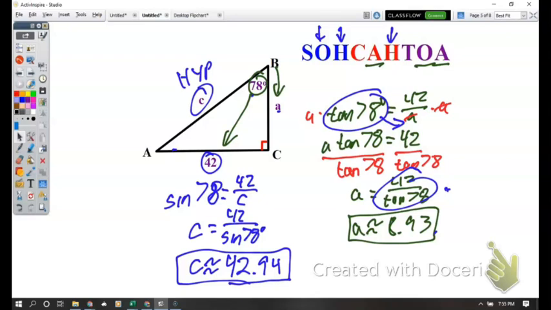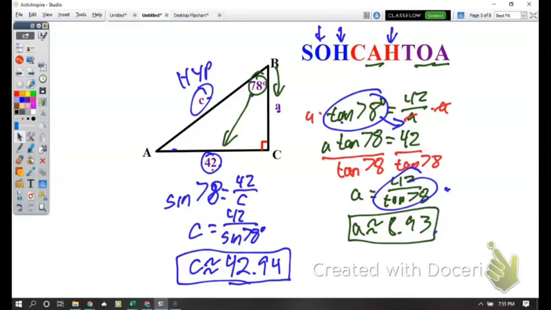Now, just to recap, when you're doing this, first you got to figure out which ratio you are using. To do that, which sides are you dealing with? Over here, I'm dealing with opposite and hypotenuse, so that's sine. For A, I was dealing with adjacent and opposite, so that's tangent. Don't forget your angles. The ratio is always going to happen with the angle. So tangent of 78 degrees, sine of 78 degrees. All right?